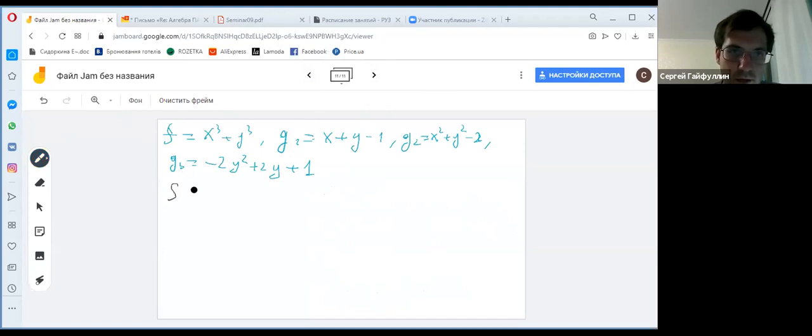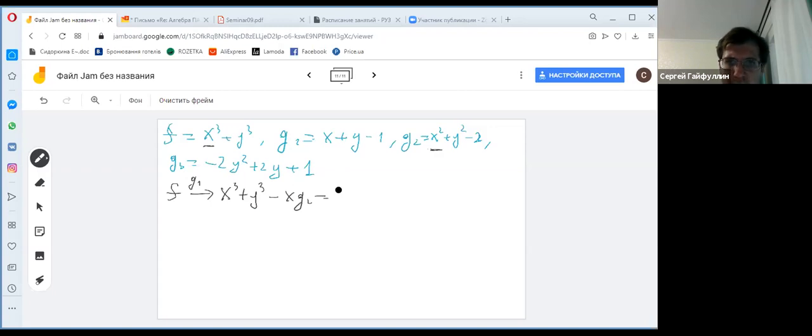I want to take f and to have a reminder of f by these reductions. So first of all, I see that x to the third is divisible by x squared. So let me try to reduce by g1. So I say that it is x to the third plus y to the third minus x multiplied by g2.